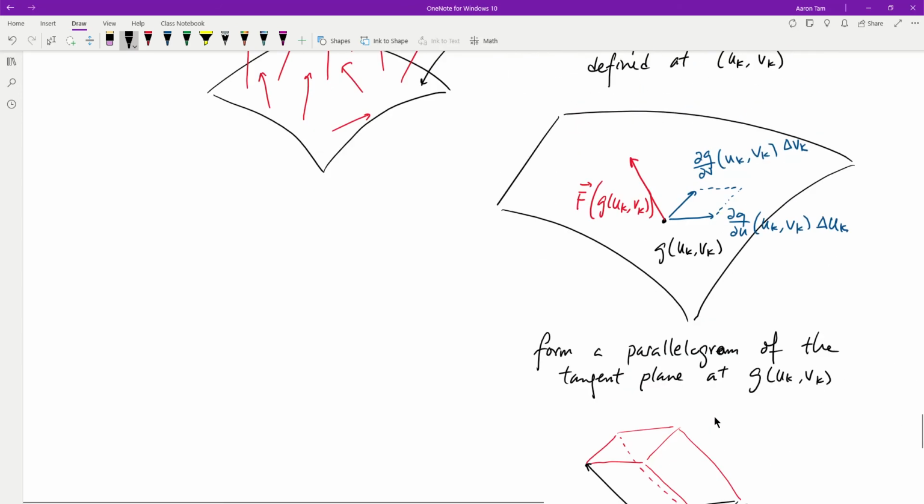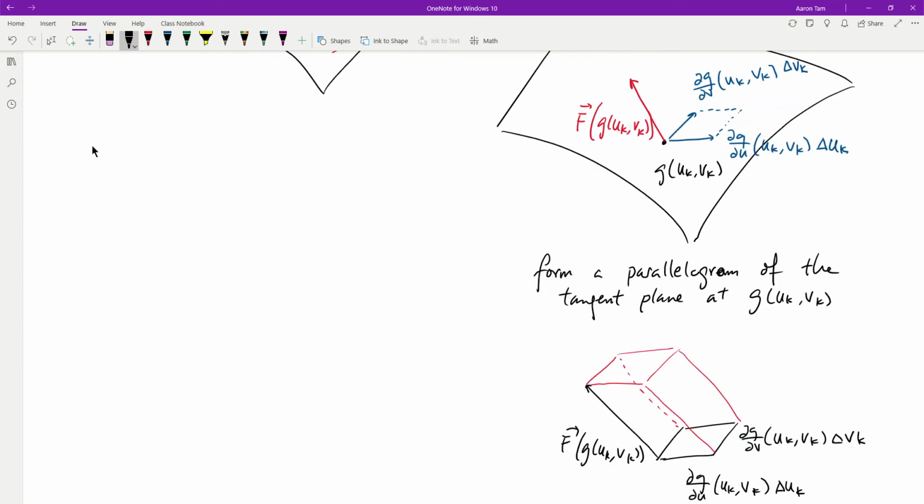So now that I have this height, I can finally try to figure out how to add up all these vectors together. So now I can try to figure out, at the point u sub k, v sub k, I can calculate this volume right here by doing the following.